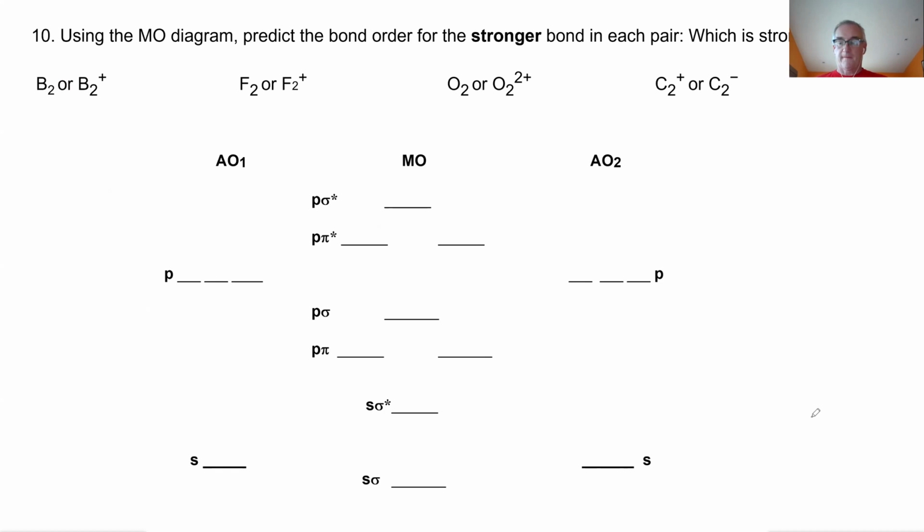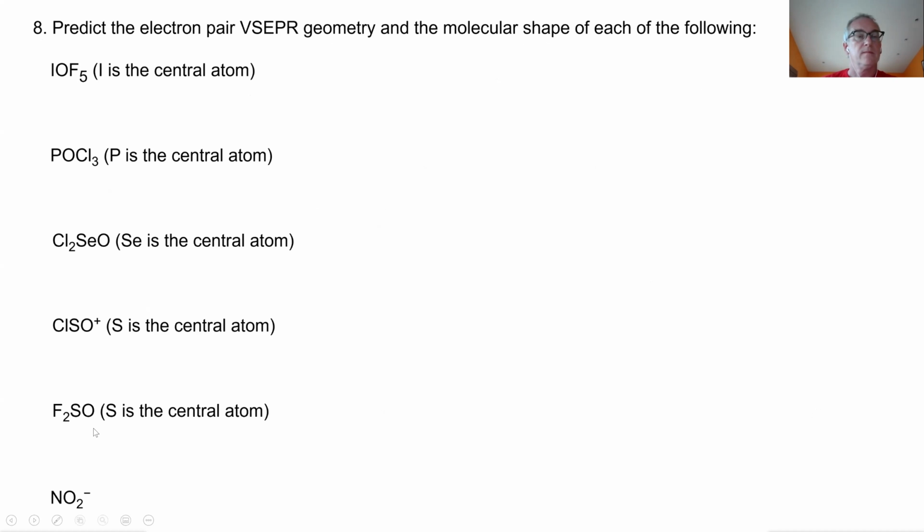For question 8, it says predict the VSEPR geometry. So does it mean we cannot draw it? No, you should draw it.